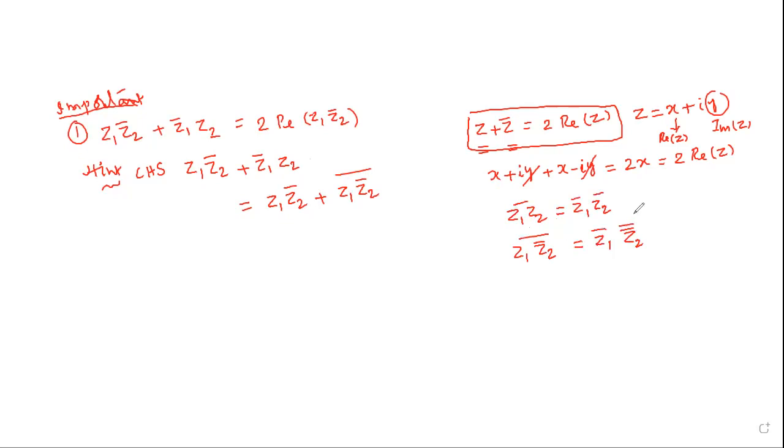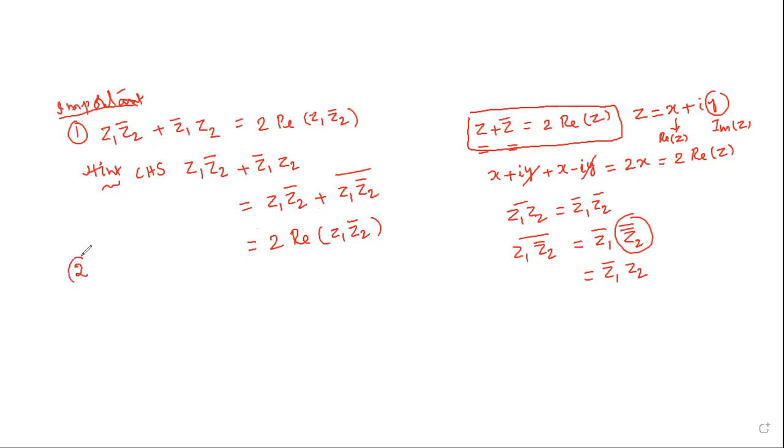Similarly, Z1 bar Z2 bar whole bar: the double bar becomes Z1, so Z1 bar into Z2, we get the same. Okay? So now I will write this one. This is the Z, this is the Z, this is the Z bar. Therefore, we can write 2 times real of Z, where Z is Z1 Z2 bar. Is it clear?